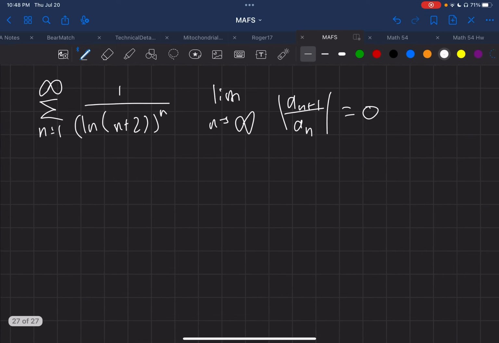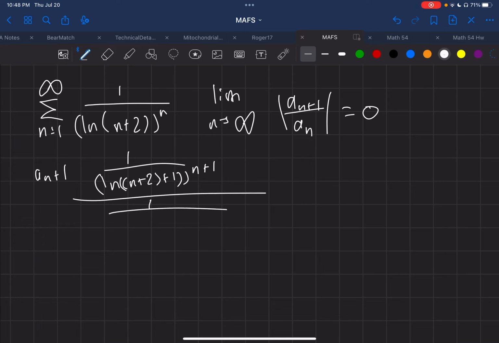So let's take a n plus 1 as equal to 1 over ln(n + 2) plus 1, and all that to the power of n plus 1. Now let's write this over 1 over our original function, which is ln(n + 2) to the power of n.